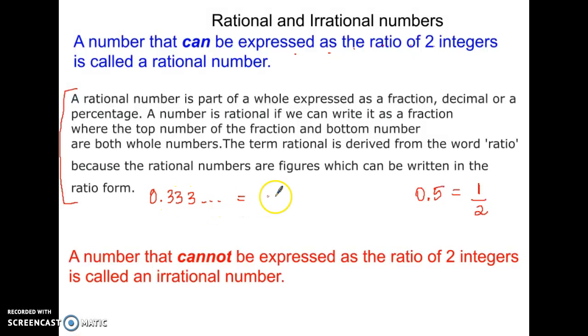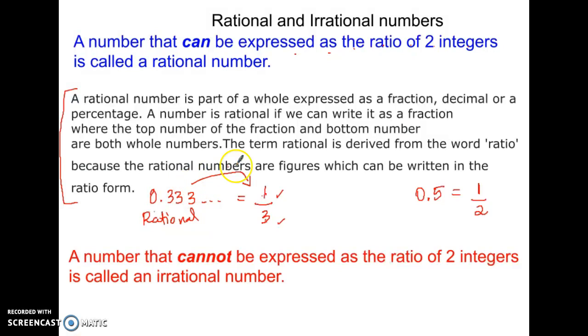So the fraction that corresponds to this decimal is 1/3. When you divide 1 by 3, you get 0.33 and a 3 that repeats. So since this decimal could be written in the form of a fraction or in the form of a ratio where 1 and 3 are both integers, this decimal here is called a rational number. Okay, that's what it means by rational number.